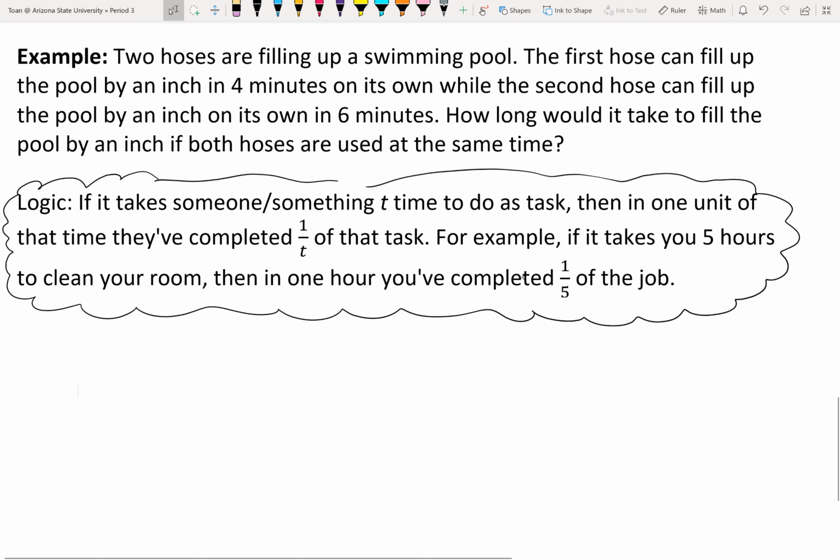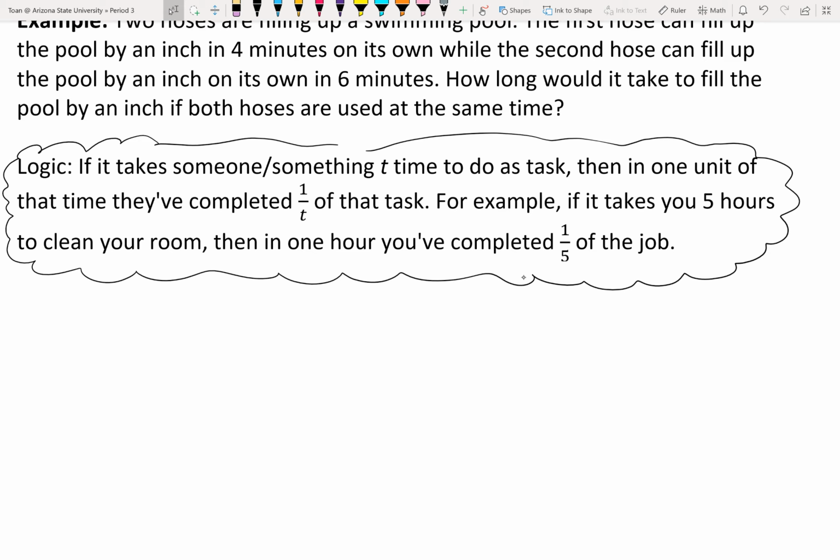So let's think through it. We agree we have 2 hoses filling up 1 swimming pool. So here's sort of the idea. Would you agree that the amount, let's call it hose 1 and hose 2, the amount hose 1 fills plus the amount hose 2 fills equals the amount both fill?